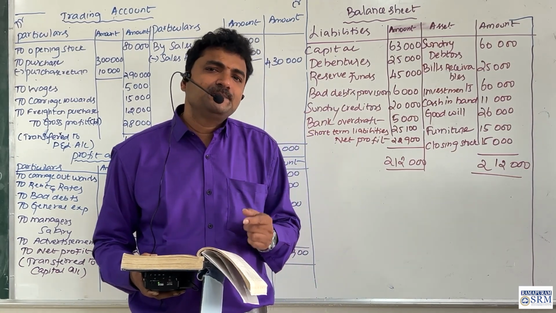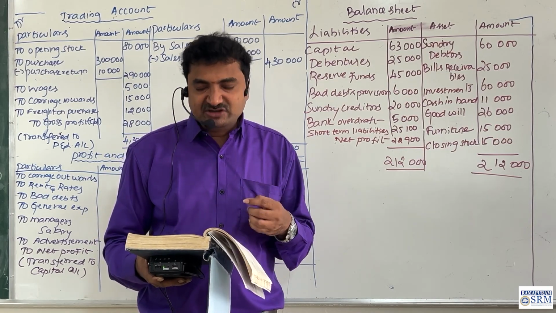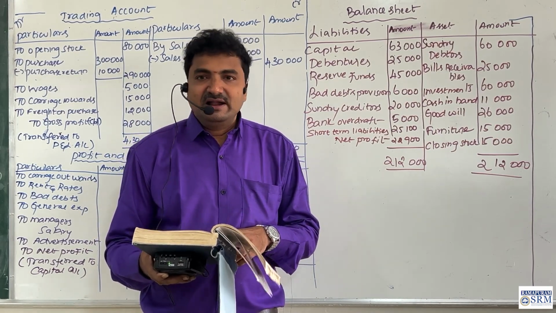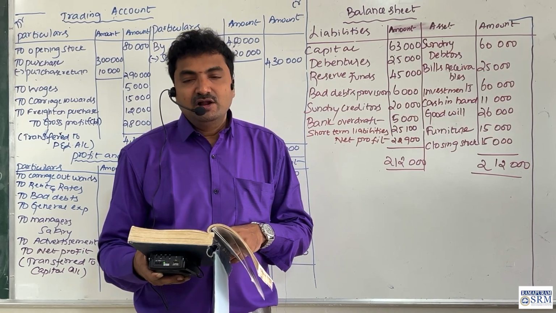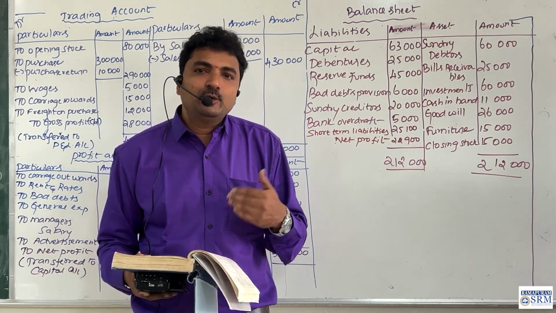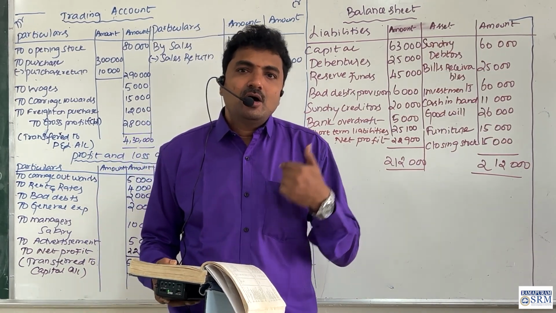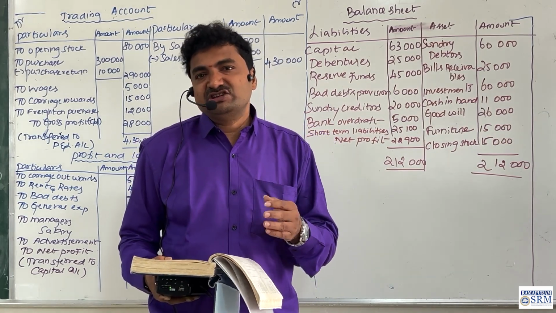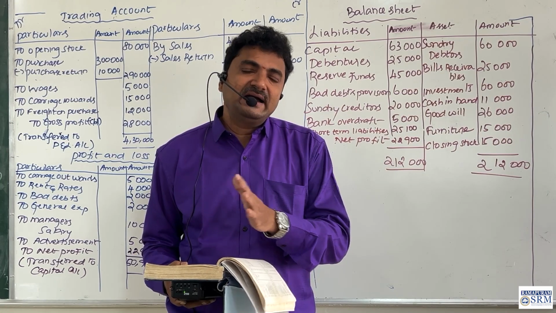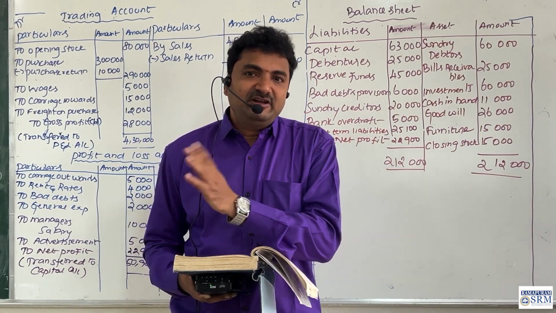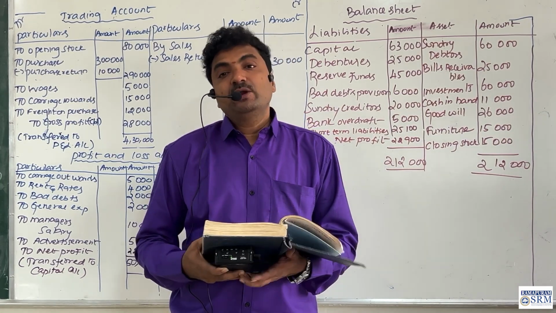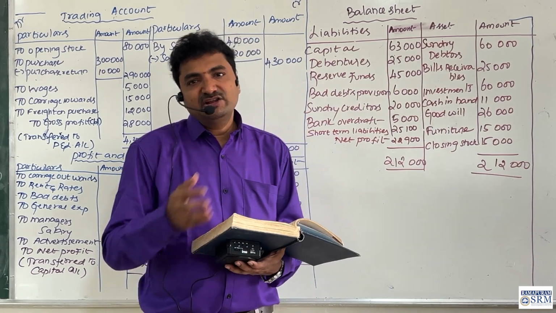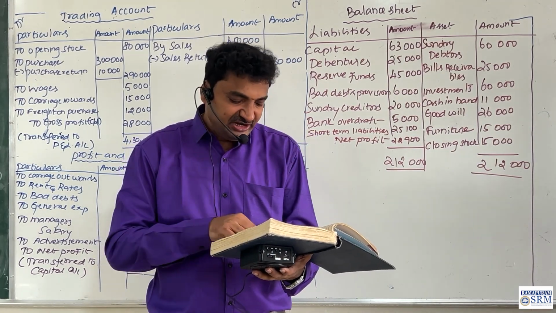Listen carefully: all the outstanding expenses come under the liability side. Then loan from bank. You get a loan from ICICI Bank, City Union Bank, HDFC Bank or whatever it is. If you get a loan from a bank or any private finance company for more than 1 year or less than 1 year, that will come under the liability side.